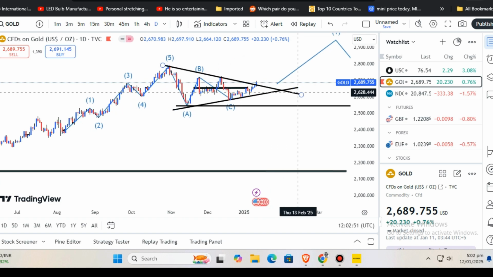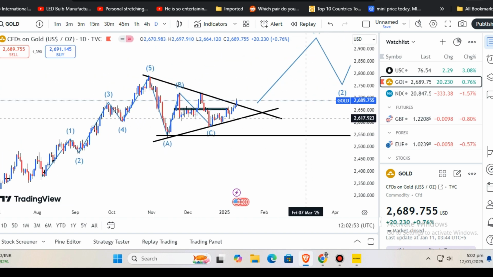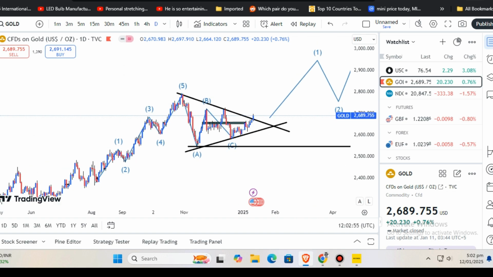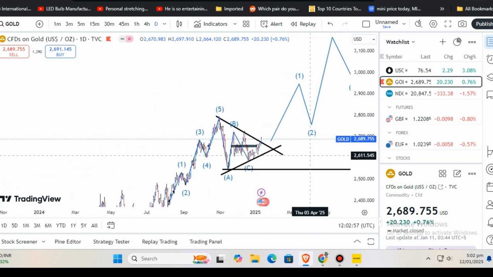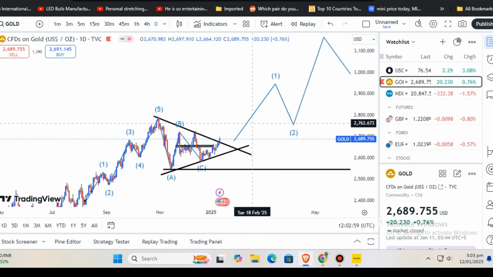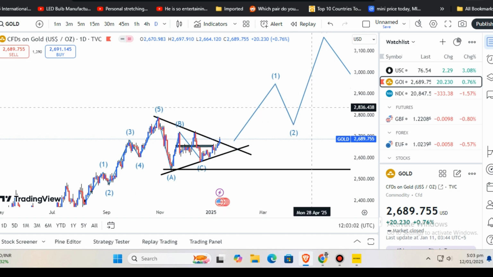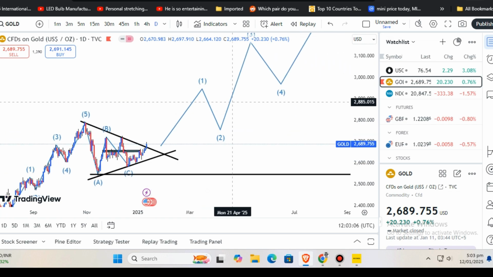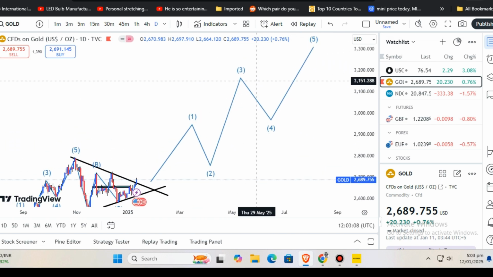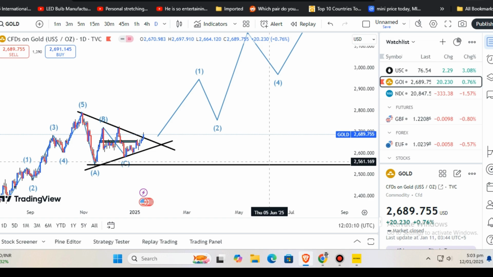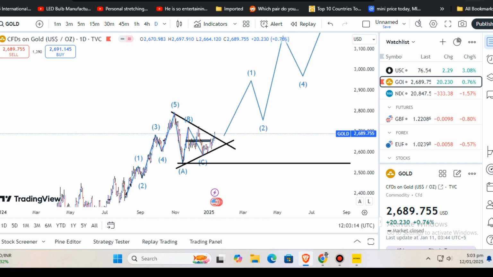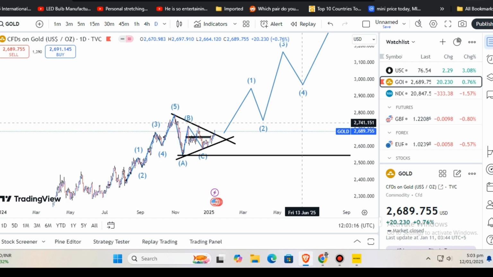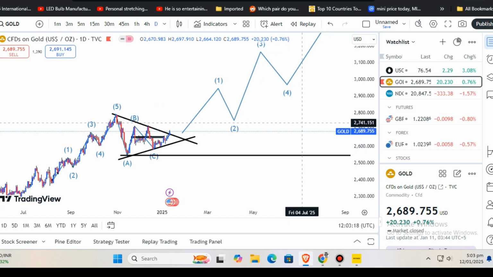But in the long term, gold is very bullish, and one last wave is left. When that impulsive wave or last wave completes, then market can correct up to these levels, 2548, but market should go up to $3000, and then maybe it can come back again to 250, and then again maybe there is some range, because market is in the cyclic phase and the fifth wave is remaining.